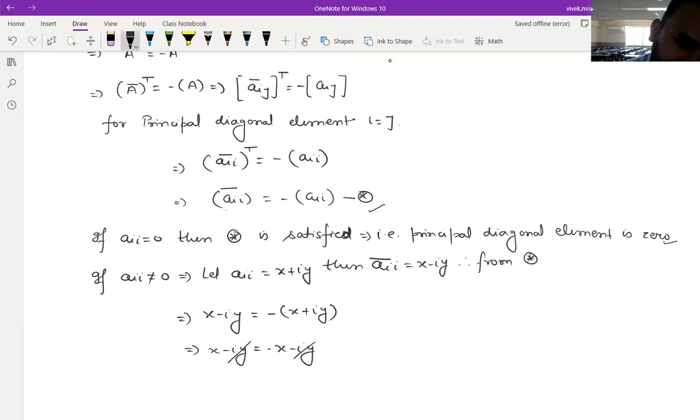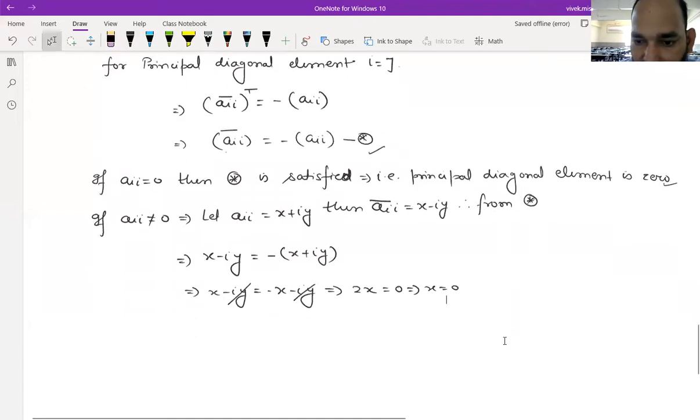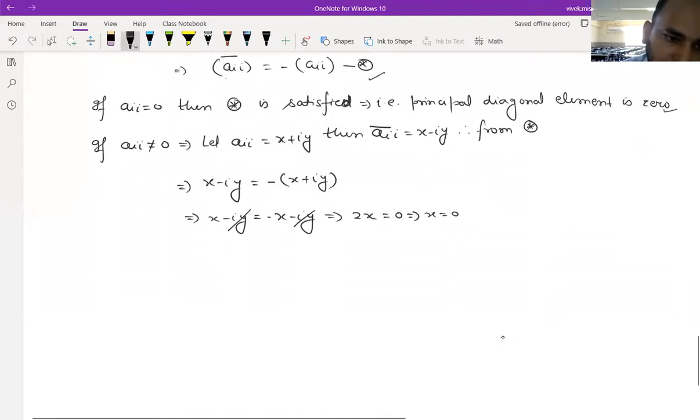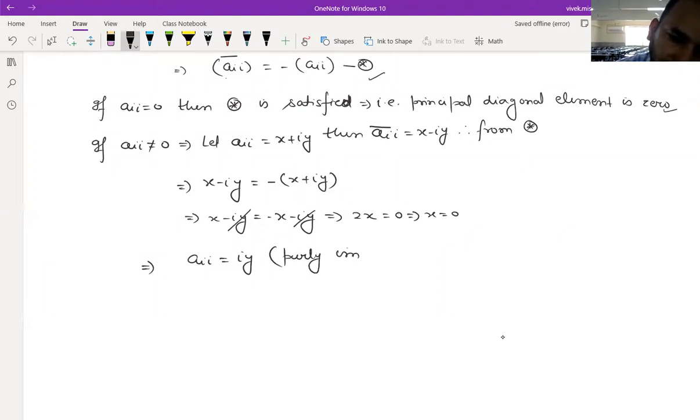Minus iy is cancelled, so 2x is equal to 0, which implies x is equal to 0. When x is 0, Aii is iy, which is purely imaginary.